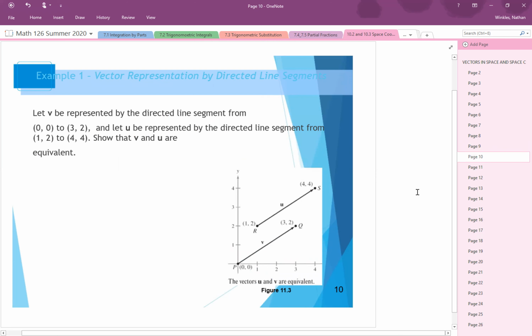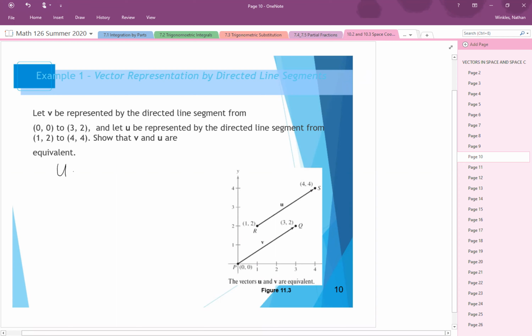So here we're told let v be represented by the directed line segment from (0, 0) to (3, 2), and then let u be represented by the directed line segment from (1, 2) to (4, 4). We want to show that v and u are equivalent. In order to show that, the first thing we need to do is form the vectors.